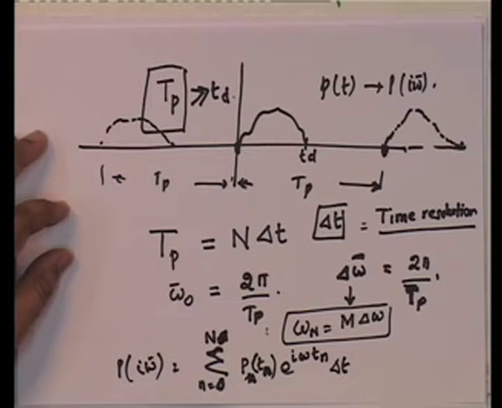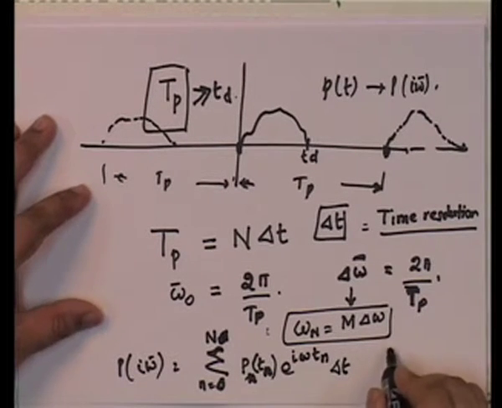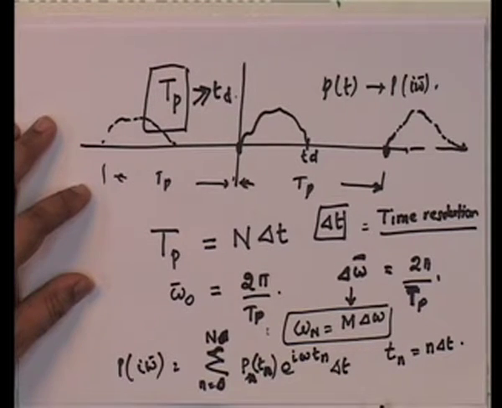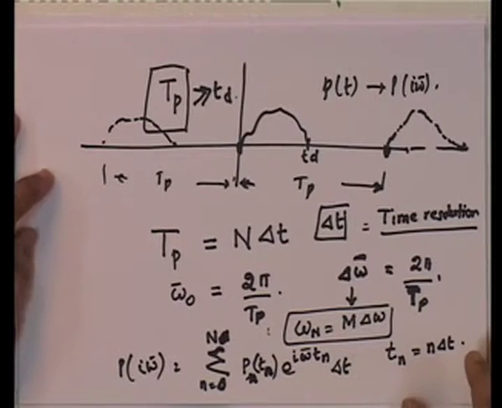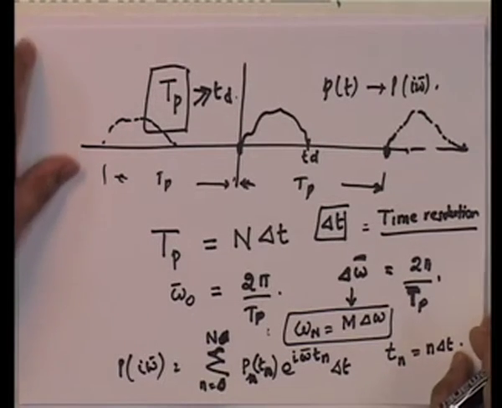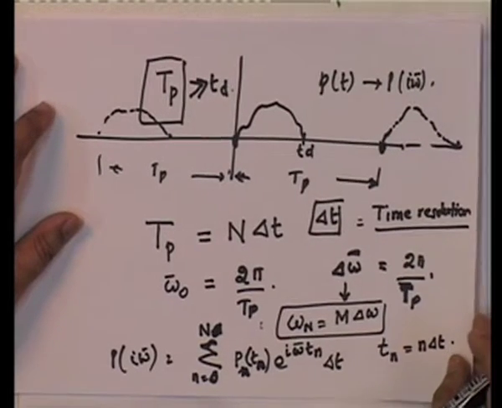That is what we have, right. Now, note that T n is equal to n delta t. So, if you really look at it, this becomes e to the power of I omega bar into n delta t. Okay. So, if I really represent this properly, then I get the following form.